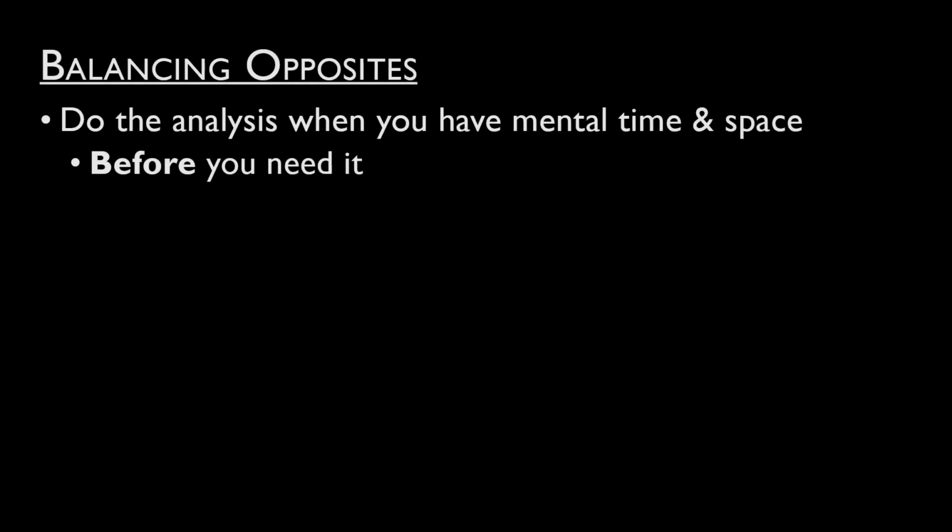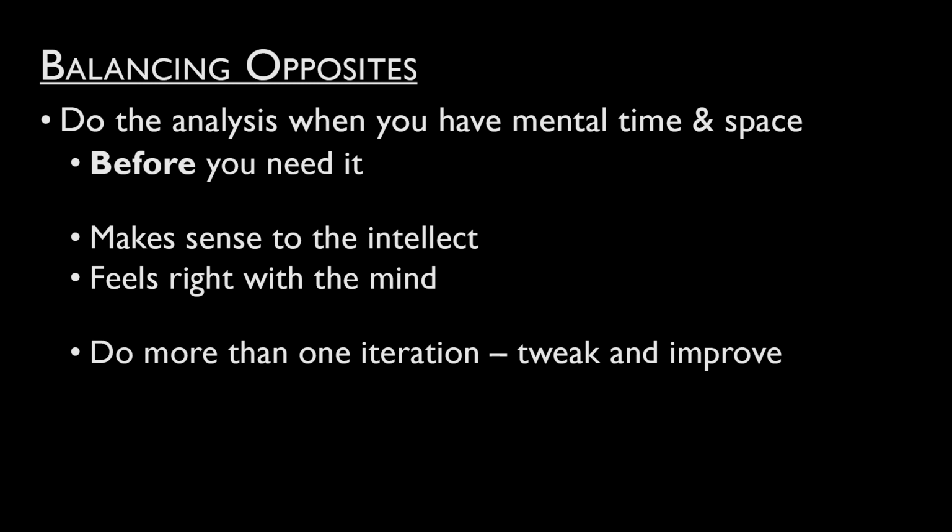So we would do this kind of analysis when we have time and space to spend on it. Check everything. Ensure that it makes sense to you. Ensure that it feels right. Tweak things as you go through. Keep changing all of the quadrants until it seems to be a coherent picture of complementary opposites within your personality.